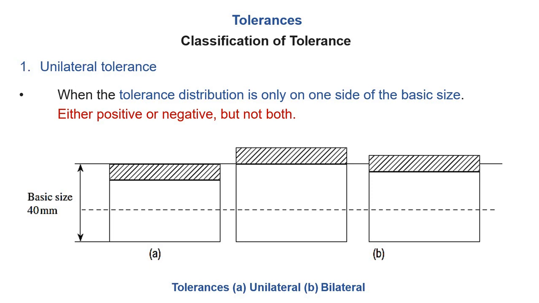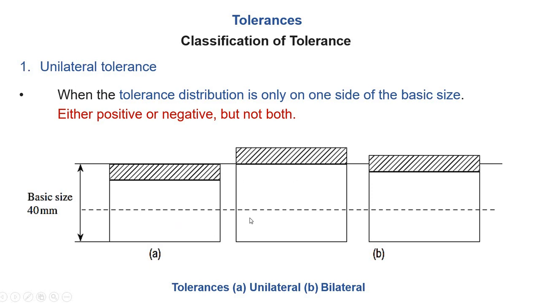In order to solve that problem in manufacturing processes, we utilize the tolerance concept. When the tolerance distribution is only on one side of the basic size, either positive or negative, but not both, then that tolerance is called unilateral. Uni means one. So the tolerance is given on only one side. As shown in the figure, the basic size is 40 mm, indicated by this line.